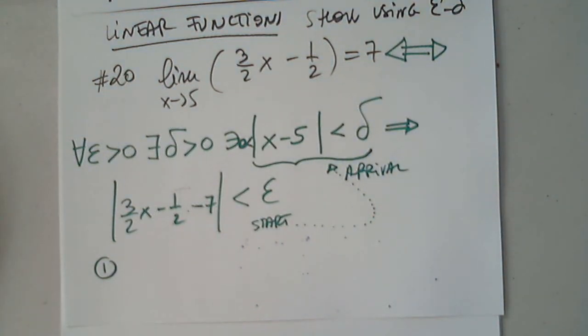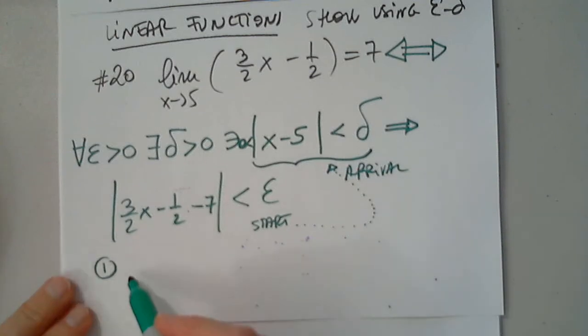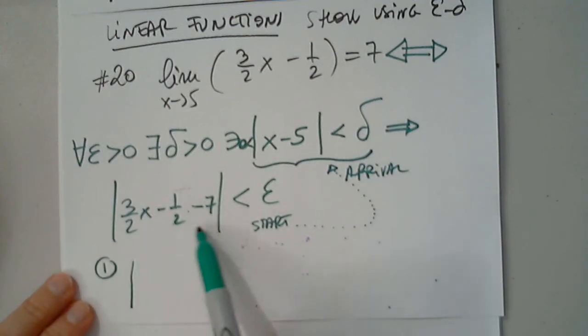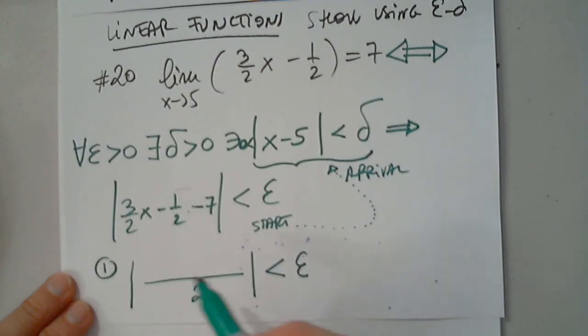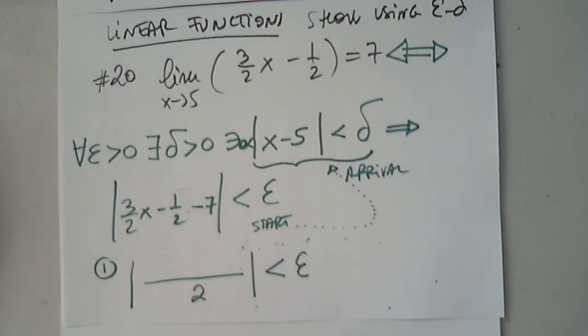Okay. So this is my starting point. I see the least common denominator is 2. Can anyone tell us what to do next? What is needed here? What do I multiply 7 by?